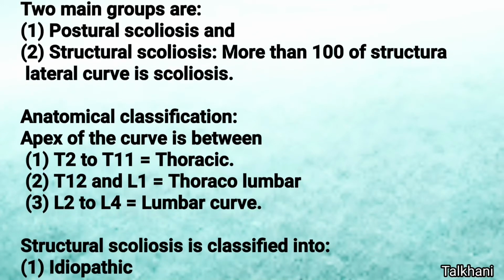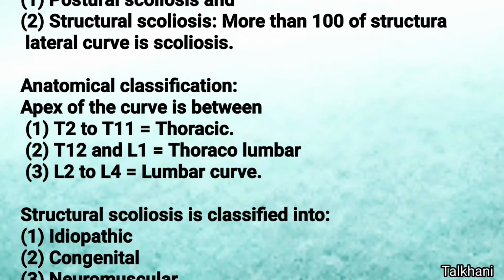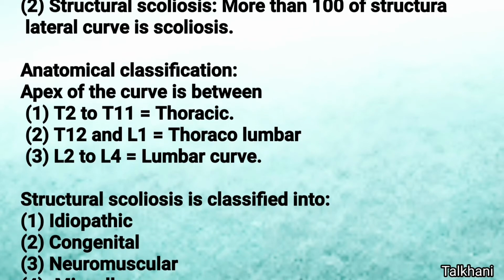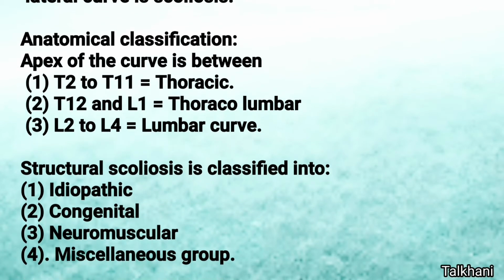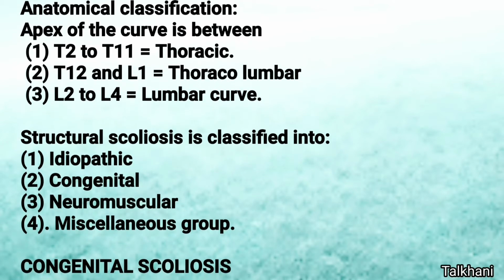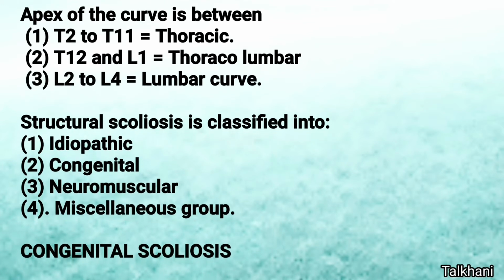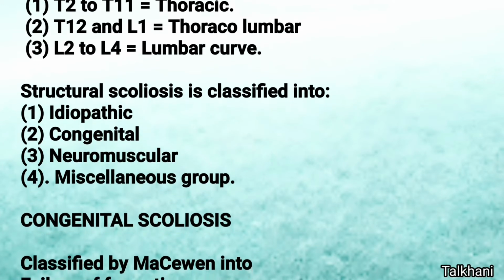Structural scoliosis is again classified into number 1, idiopathic, number 2, congenital, number 3, neuromuscular, number 4, miscellaneous group. Congenital scoliosis is classified by McKeown into failure of formation, failure of segmentation, and mixed variety.